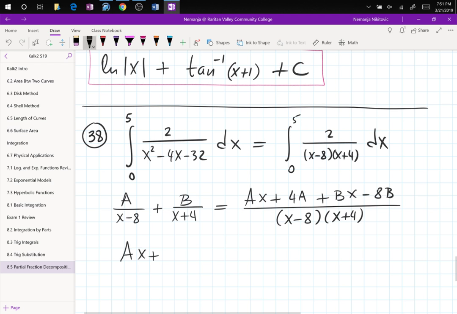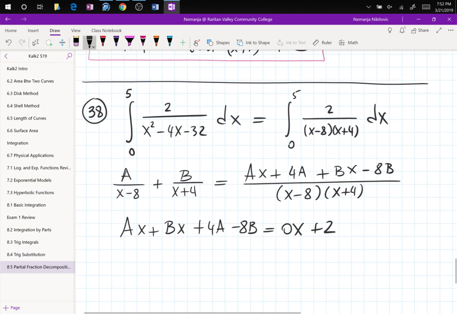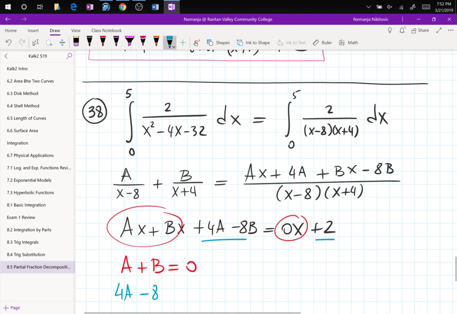So Ax plus Bx plus 4A minus 8B is equal to 0x plus 2 as a placeholder. So I have my red equation, which is A plus B equal to 0, and I have my blue equation, 4A minus 8B is equal to 2.